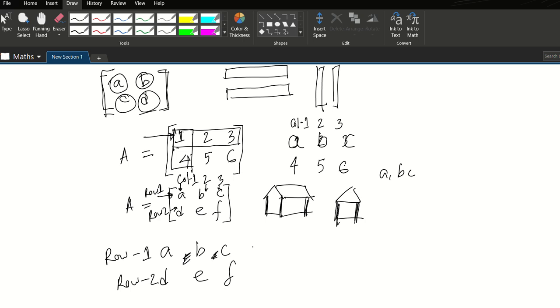They are also called entries. So if a matrix is formed with just one row, then we call it a row matrix.